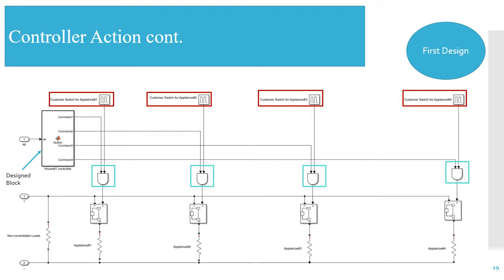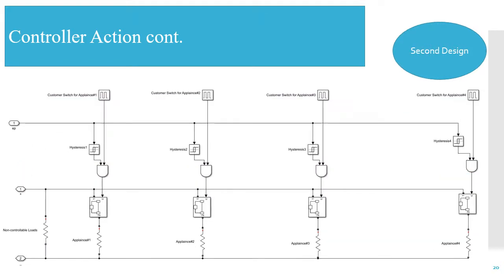So if the consumer is turning the appliance on and the value of EP is within the acceptable level to allow the appliance to turn on, it will operate. In the first design, the limits that we calculated were used inside the block that we designed.